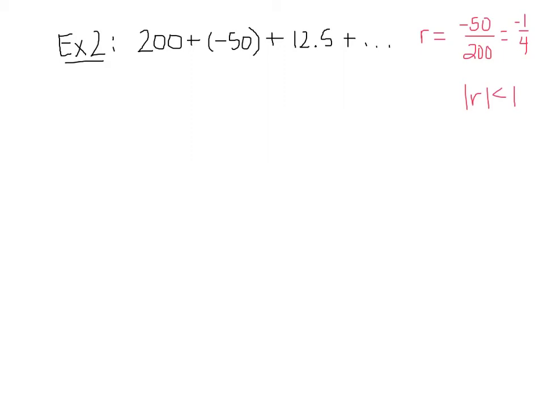S equals a sub 1, your first term, 200, over 1 minus -1/4. The minus negative changes to a plus, and if you enter this on your calculator, it comes out to be 160. So that's what the sum comes out to be.